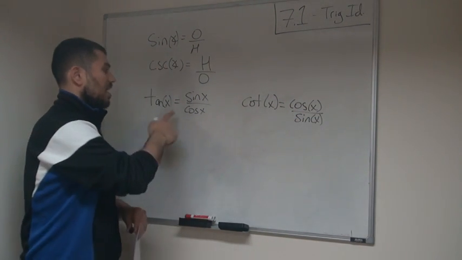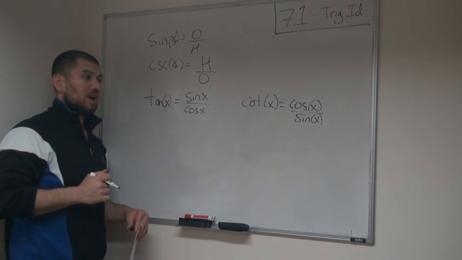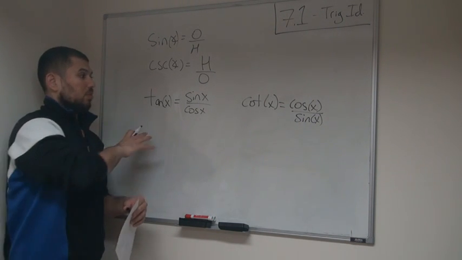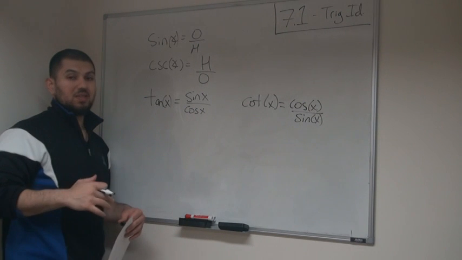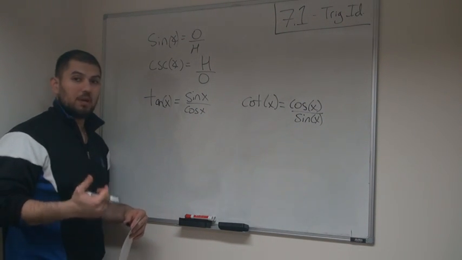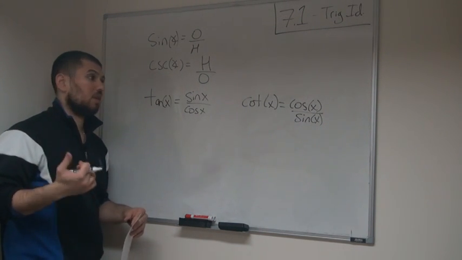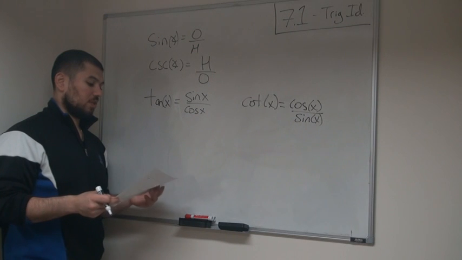Aside from just tan being opposite over adjacent, cotan being adjacent over opposite, we also have sines and cosines in relations to tangent and cotangent. This is going to be extremely helpful and pivotal for us within the trig identity realm, especially with the trig proofs.